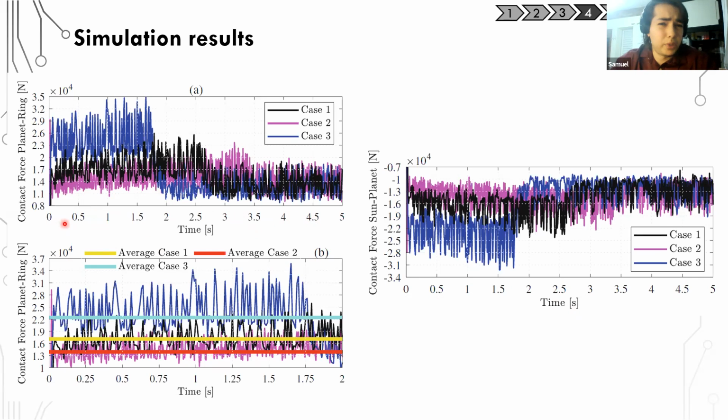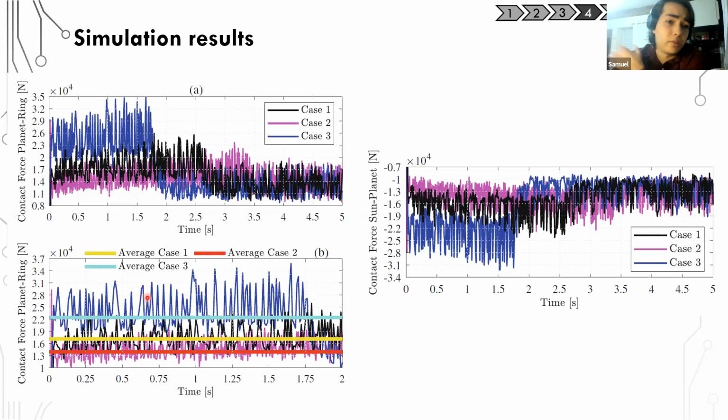It can be observed that the maximum contact forces are placed around the first 2 seconds of the simulation during the motor startup, and after this there is a decrease of these forces for the first and third cases, which are the baseline configuration and the case with the reduction of the main shaft inertia.